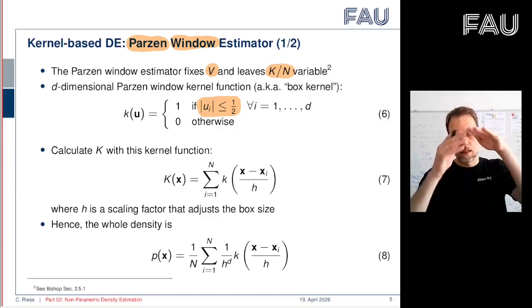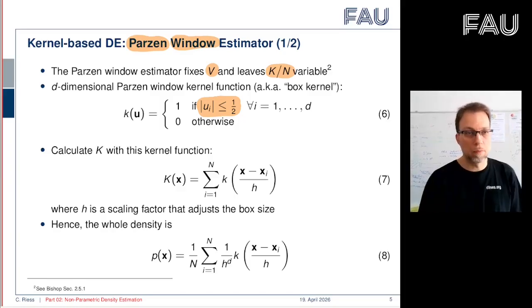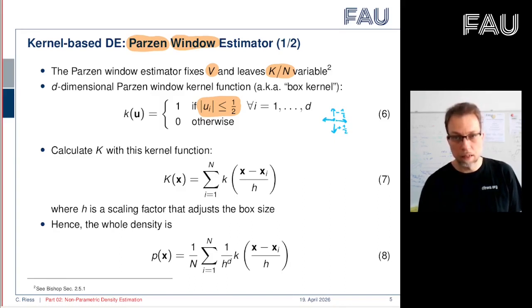So this is why it's called a box, because, let me draw this really quickly. If we have a point here, it checks, is it within minus 1/2, is it within plus 1/2, and this for every dimension. So if we have, for example, 3 dimensions, it looks like this, it's a cube.